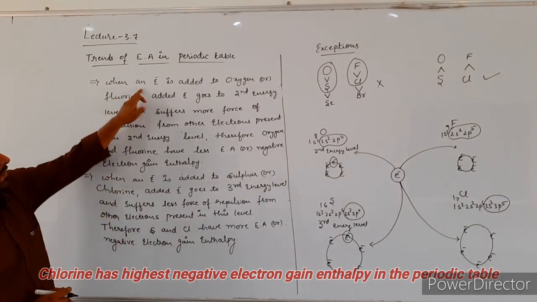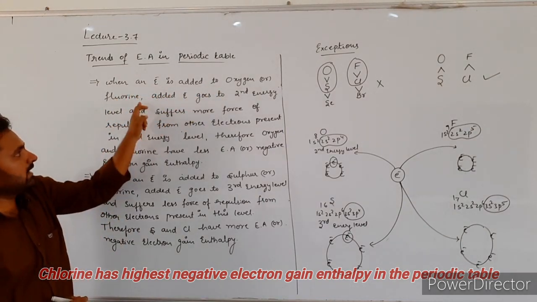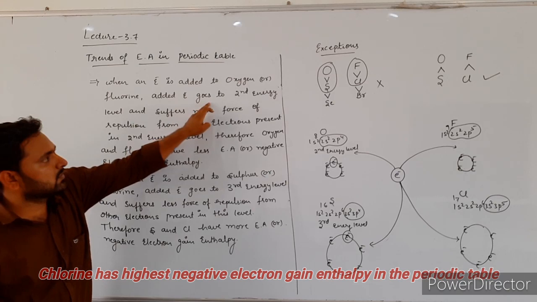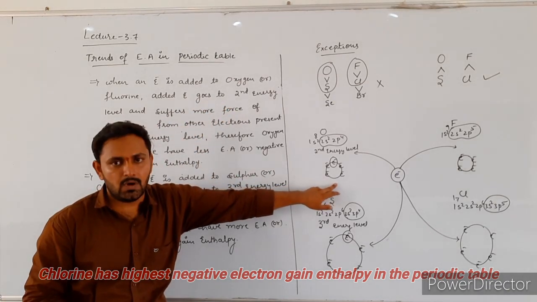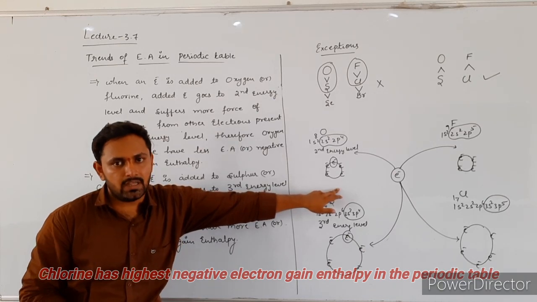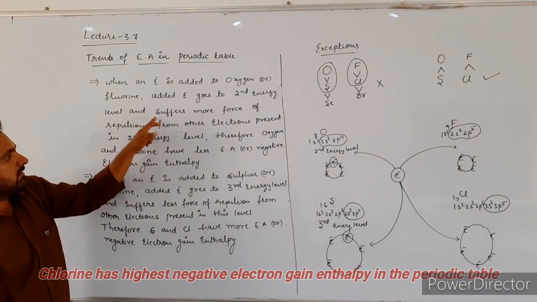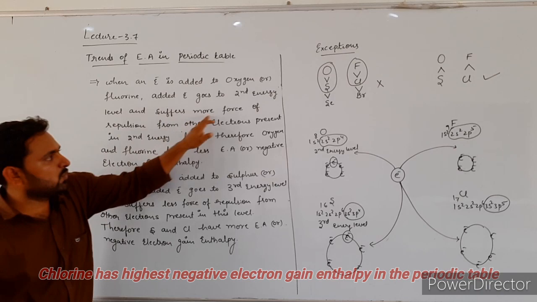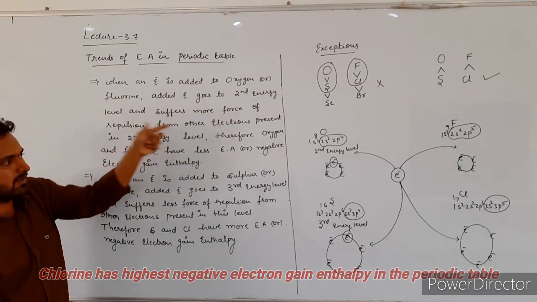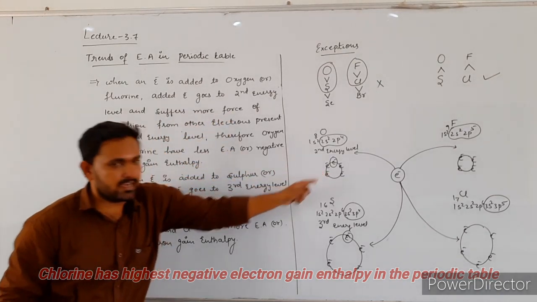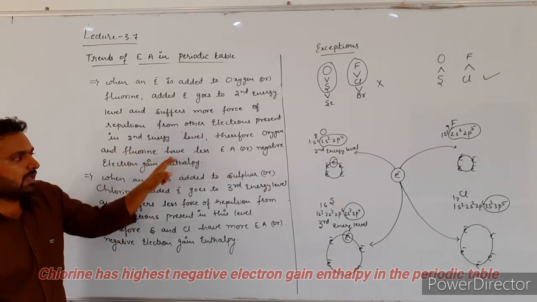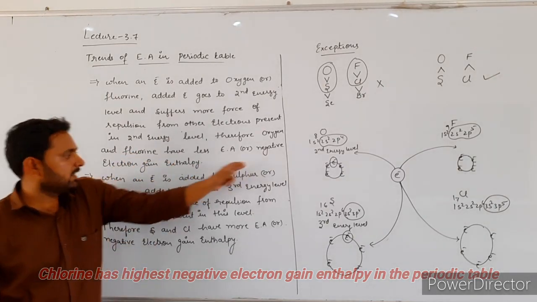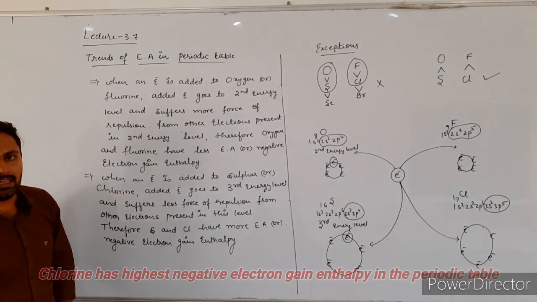Because when an electron is added to oxygen or fluorine, the added electron goes to the second energy level, but the second energy level is smaller in size. Due to smaller size, the added electron suffers more force of repulsion from other electrons present in the second energy level. Therefore, oxygen and fluorine have less electron affinity or negative electron gain enthalpy.